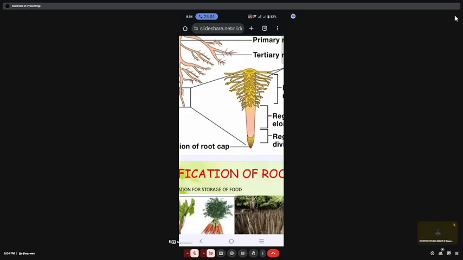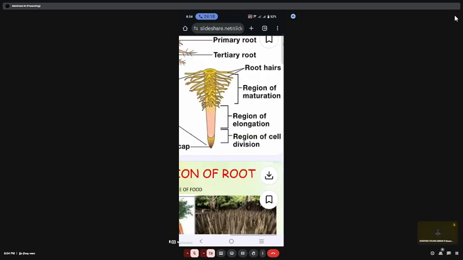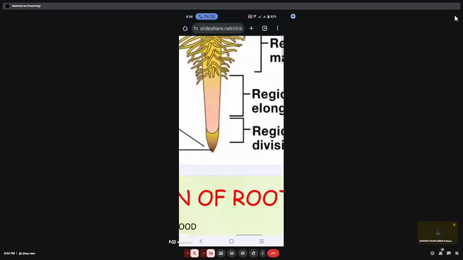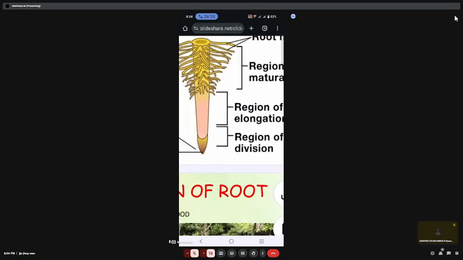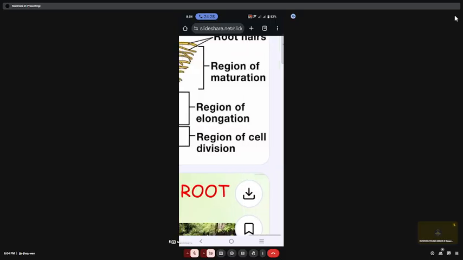Above the root cap, what will be the region? Once the root cap is completed, what is next to the root cap? Not elongation, it is the meristematic region, the region of cell division.